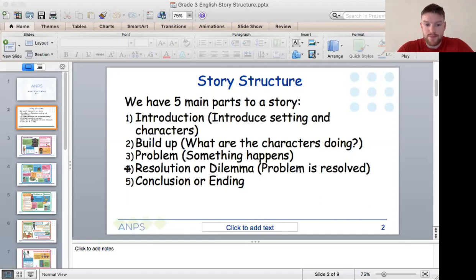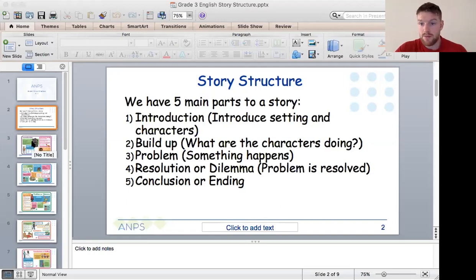Number 4, resolution or dilemma. We have introduced our problem, and the fourth part then is the resolution of that problem. The problem is resolved. And then our fifth part is our conclusion, or the ending of our story. So those are our 5 parts of our story.